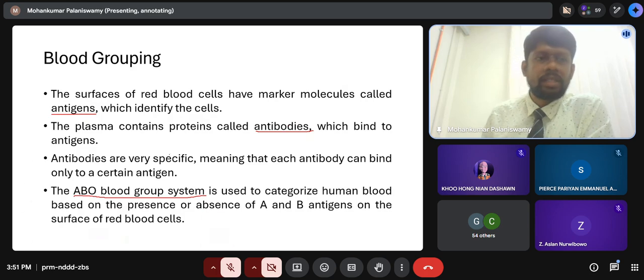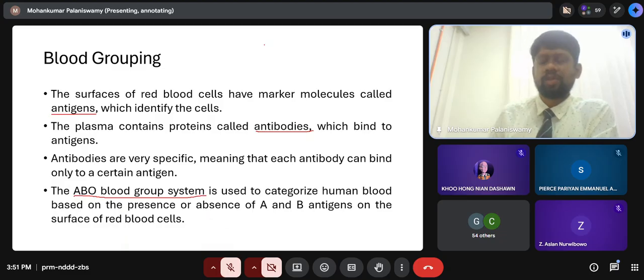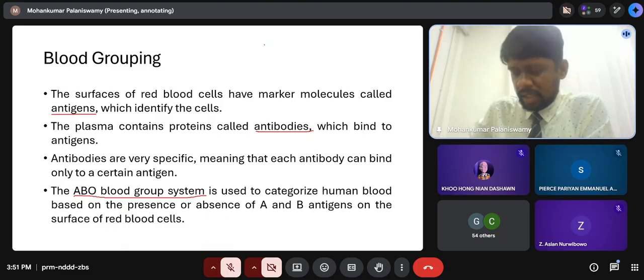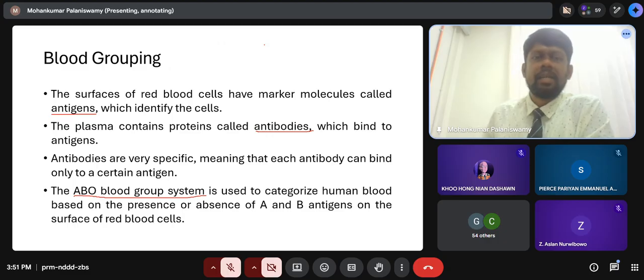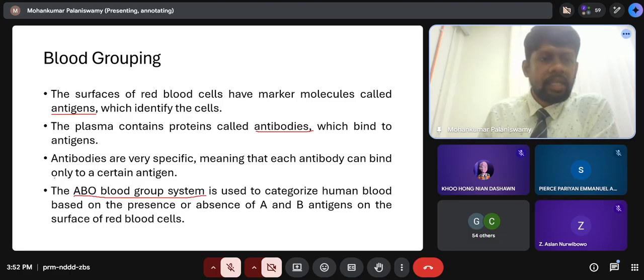This antibody always tries to get attached to the antigen, like the North Pole and South Pole. We know that in physics they used to say opposite poles attract each other. Likewise, this antibody will always try to reach the antigens.